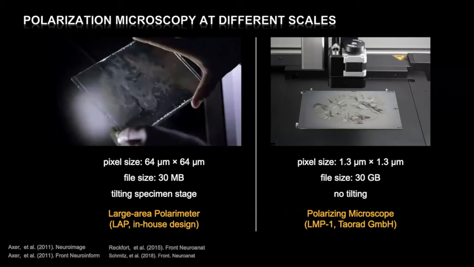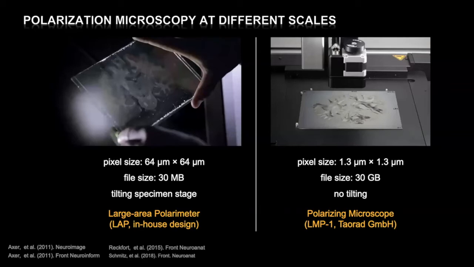So we produce it on our own, being able to measure the brain sections at 64 micron pixel size. So that means with this setup, we can image quite quickly. Quickly means 15 minutes per section, with isotropic voxel sizes of about 60 microns.